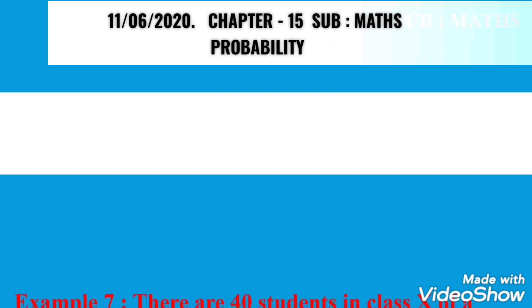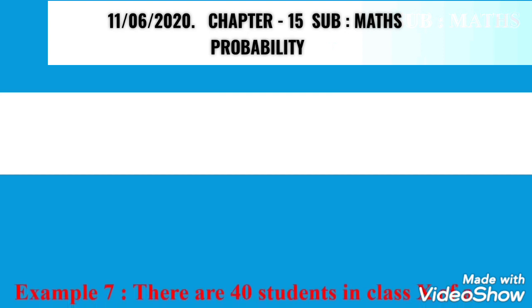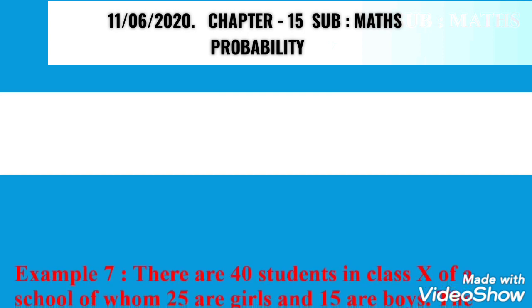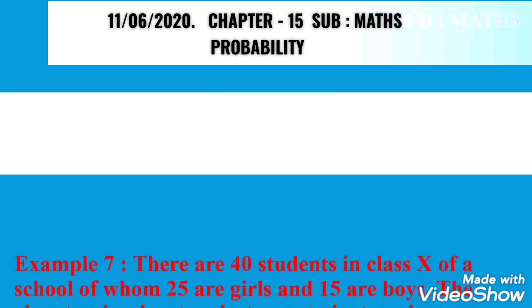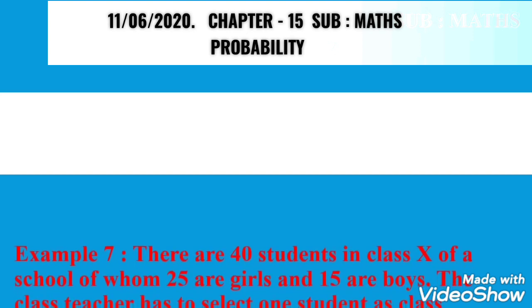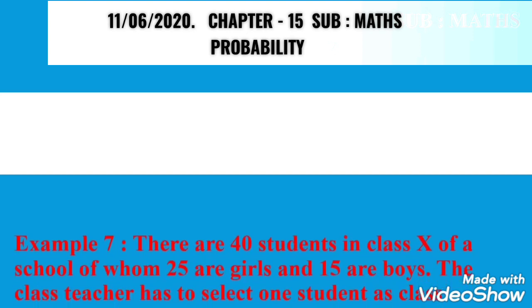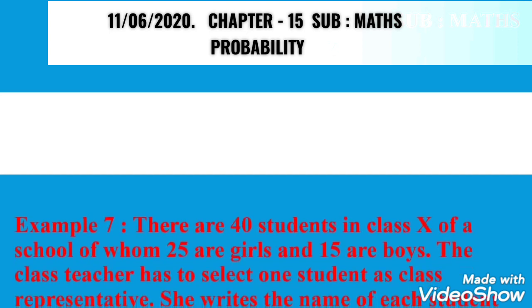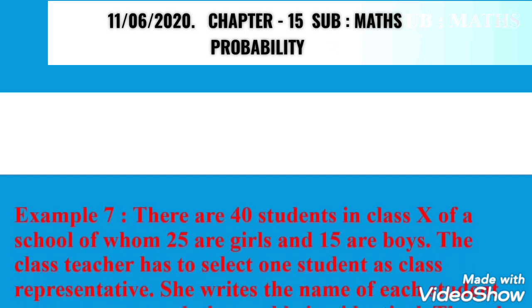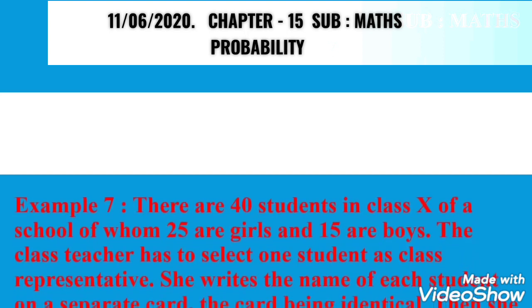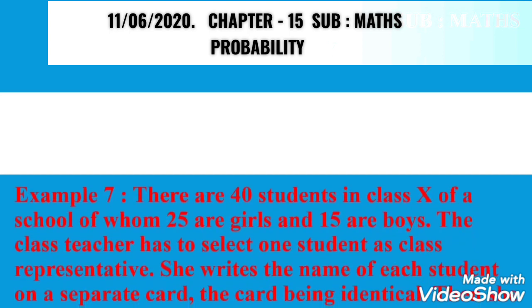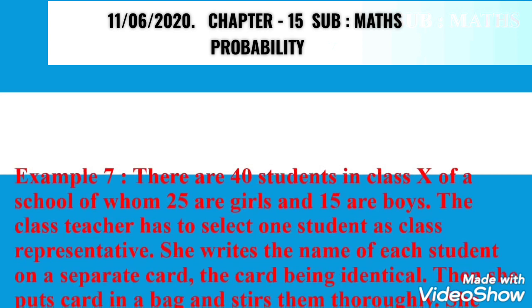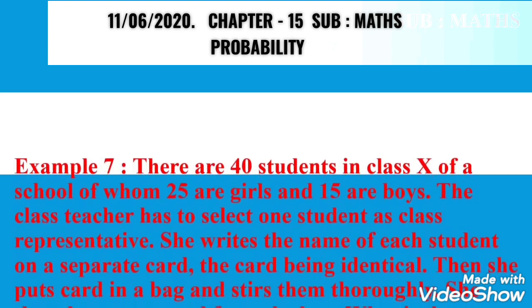There are 40 students in class 10 of a school, of whom 25 are girls and 15 are boys. The class teacher has to select one student as class representative. She writes the name of each student on a separate card, the cards being identical, in the same size.